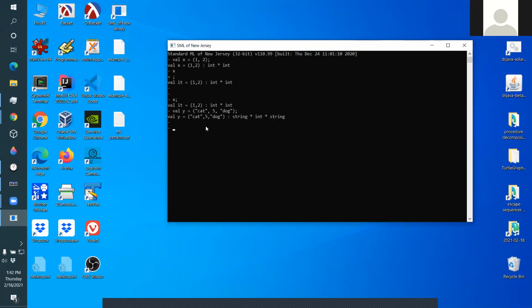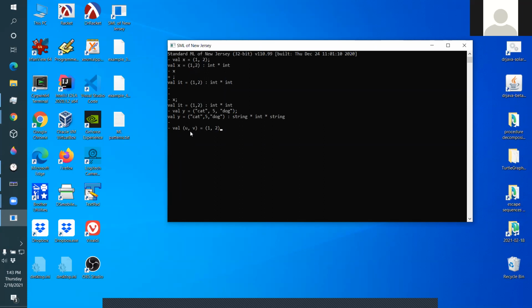Okay. Now let me do kind of a funny thing. Notice that this was one variable representing one thing. Val, now watch this. I say u comma v equal 1 comma 2. I'm doing something you cannot do in Java, or you've never seen anything like this. Notice here I said X is the pair 1, 2. So X represents that whole pair. Here I'm saying that this pattern should match this value.